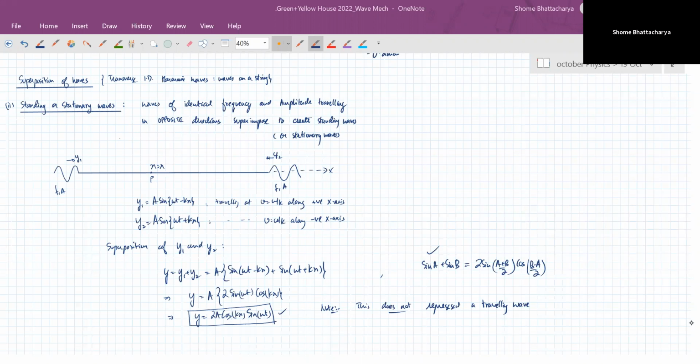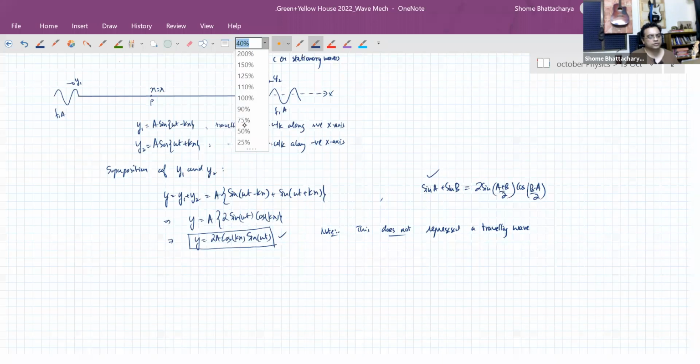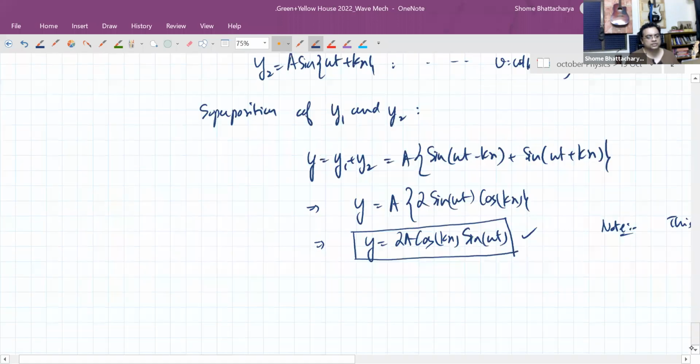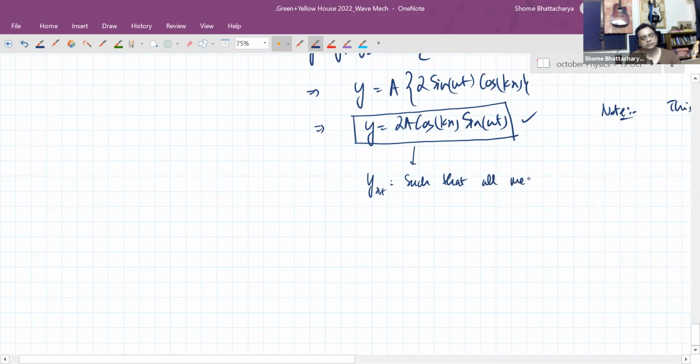Now let's understand the interpretation of this equation. What you can see is that it represents an equation such that y is a function of x and t such that all the medium particles are in SHM.